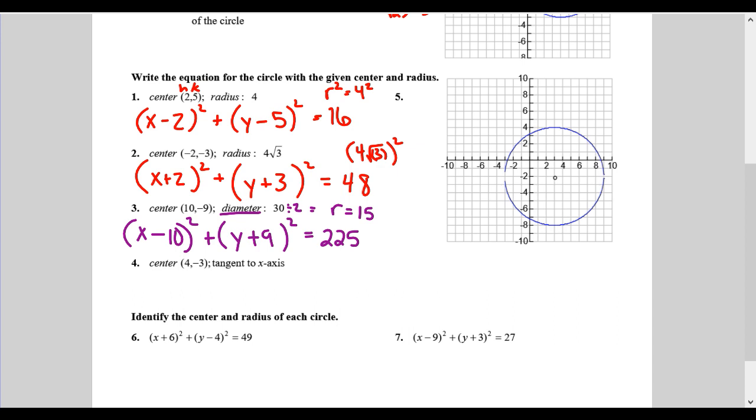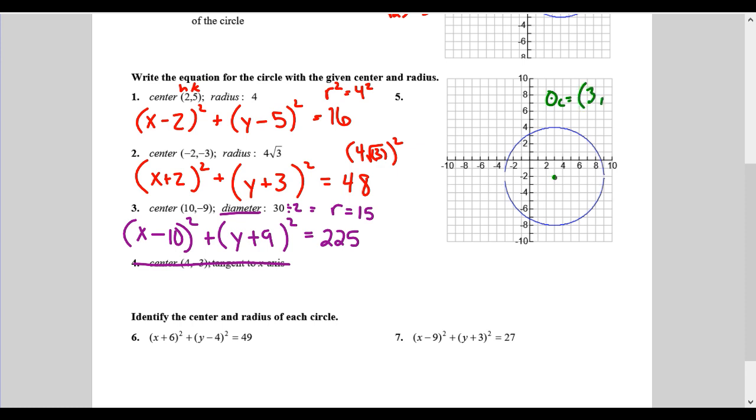We're going to cross out number 4. Okay. Let's take a look at number 5. So number 5, they give us a circle. We have to come up with the information though. So here's my center. What is that center point? 3, negative 2.